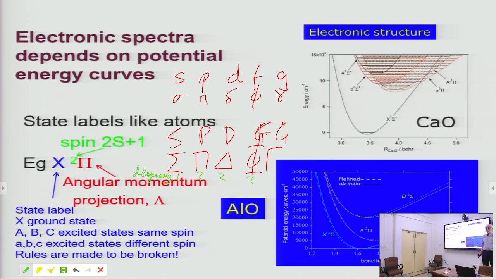And they're normally split. I'm not going to go into huge detail on the splitting because it gets quite complicated. But actually if you have a doublet pi state, such as here, that means for each rotational level J, there are actually 4 states because you get a spin splitting, fine structure, and you get what's called a lambda doubling splitting from the pi state splitting. So you end up with 4 energy levels for each J.